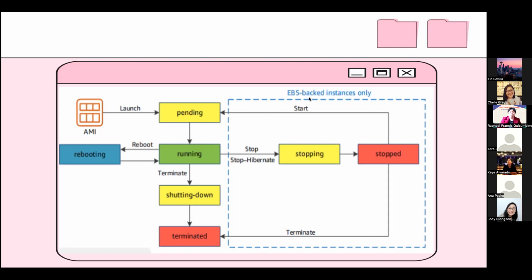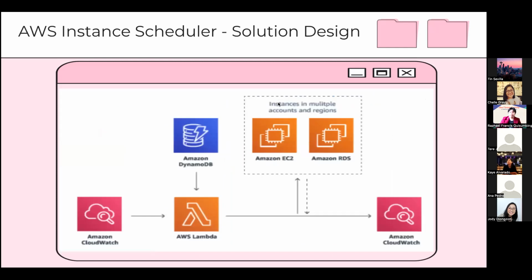A solution in AWS is called AWS Instance Scheduler. It's a solutions design where we can define, using the following services, that I want to start and stop my instances based on a schedule.